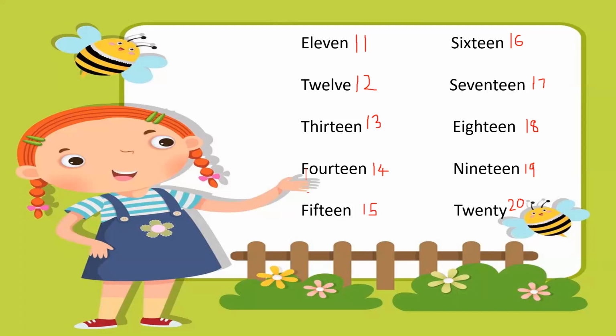Seventeen, 17. Next, 18. Eighteen, 18. Repeat it after me. Next, 19. Nineteen, 19. Next number 20.